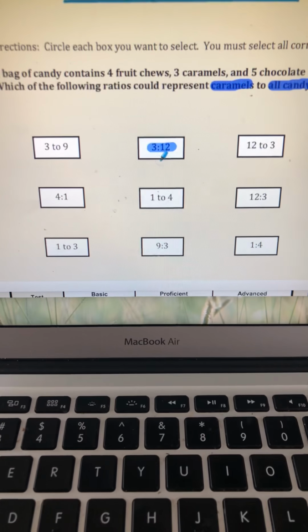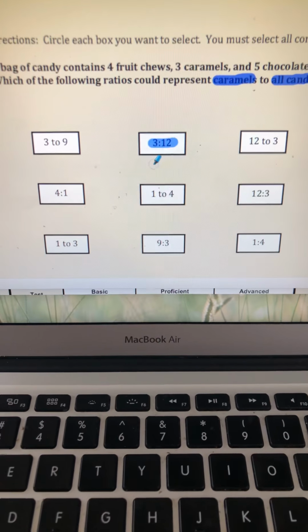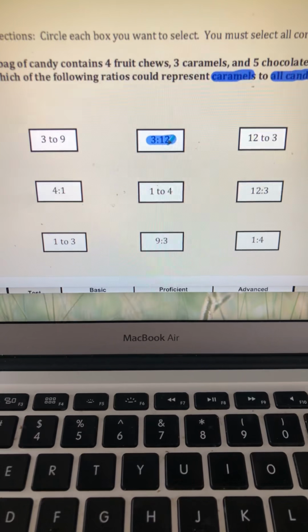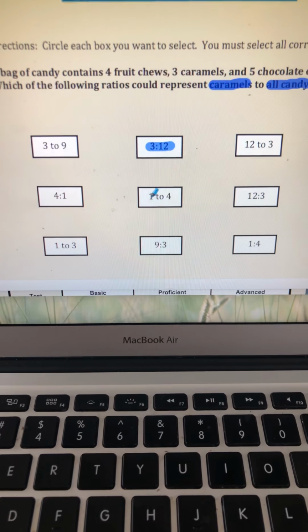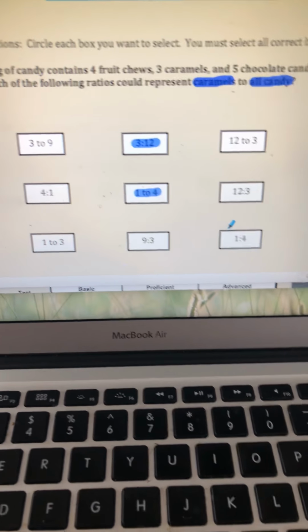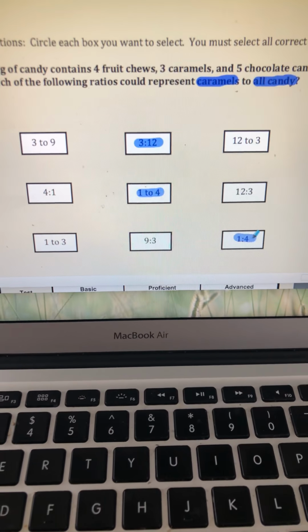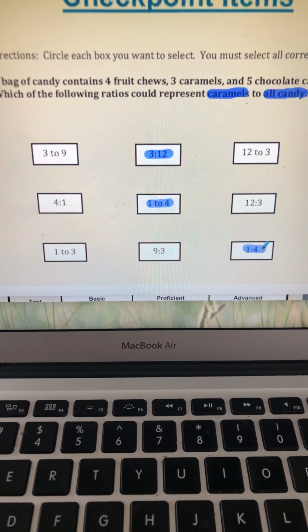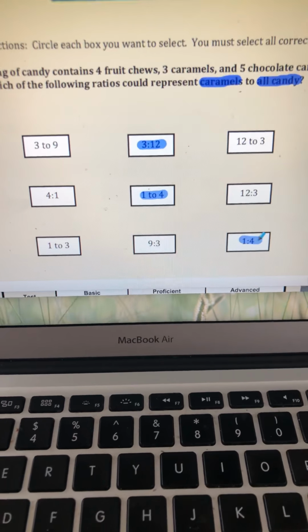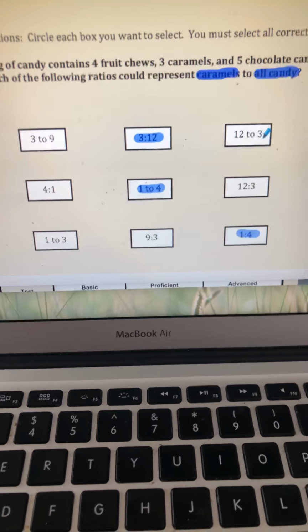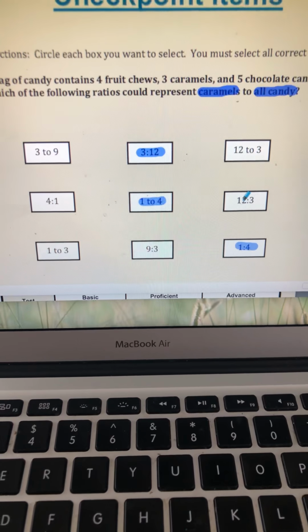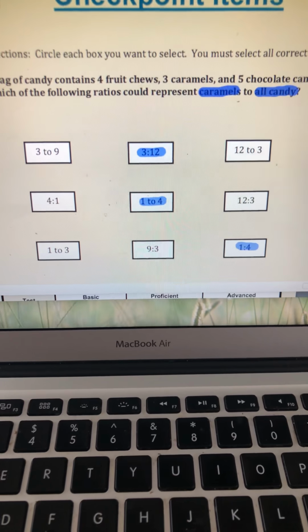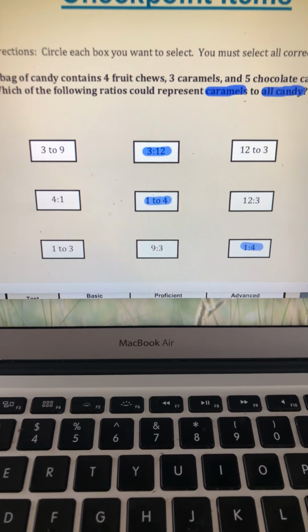Once I divide that, 3 divided by 3 would be 1, and 12 divided by 3 would be 4. So 1 to 4, or 1:4, would also be a ratio. The biggest thing is to not pick things like 12 to 3, because that's going in a different order. Things like 12:3 would not be right because that is going in a different order, okay?